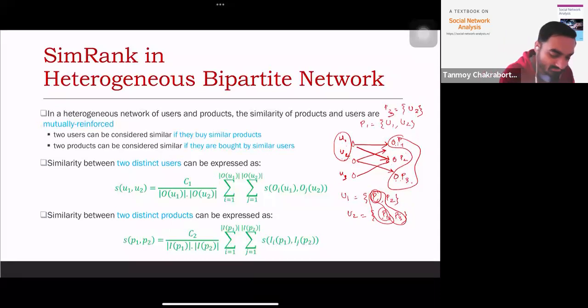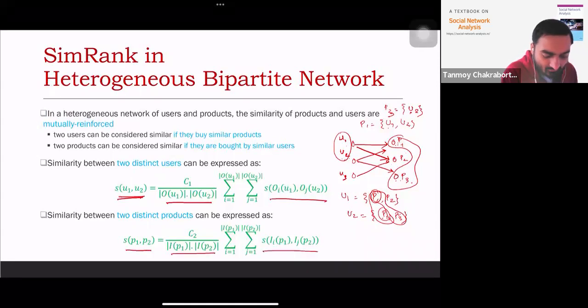Then you measure the similarity between U1 and U2, and U2 and U2, and the U2, U2 similarity is 1, we know. So then we need to measure the similarity between U1 and U2. So you see the point here: for measuring the similarity between two users, you take their outward neighbors and outward neighbor similarity. To measure the similarity between two products, you take their inward neighbors and their inward neighbor similarity.